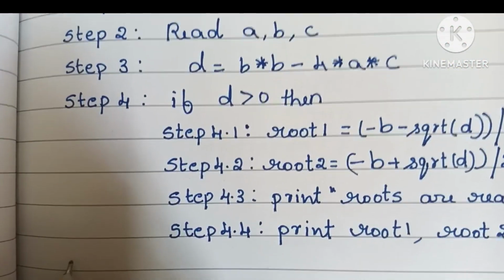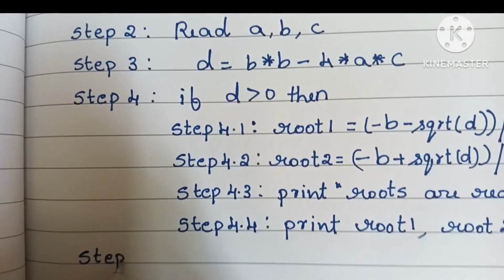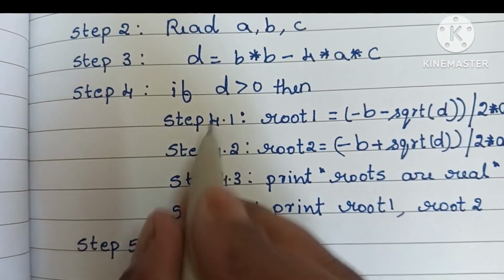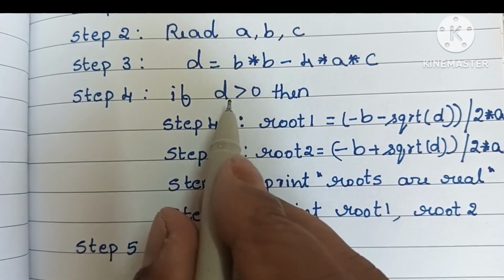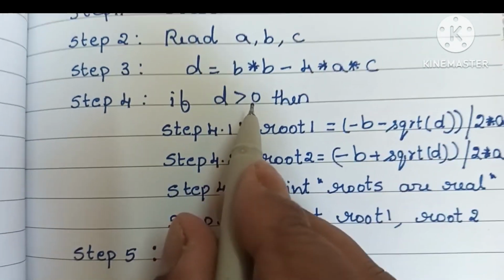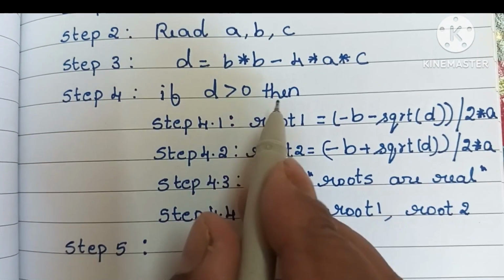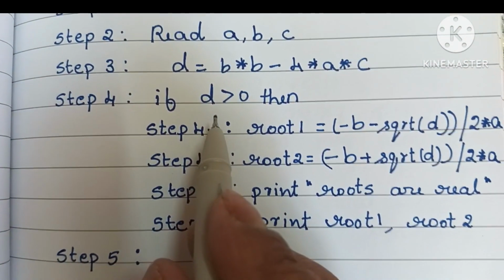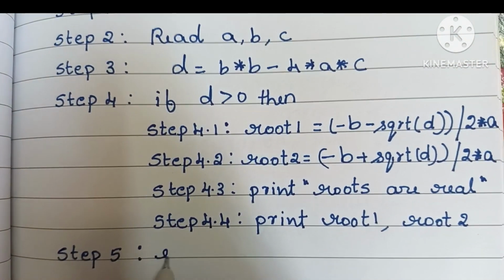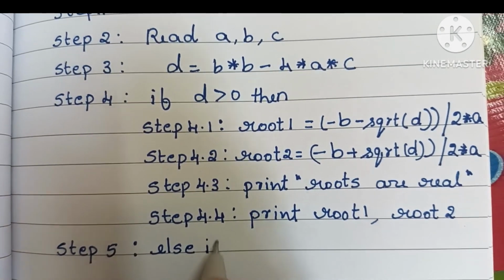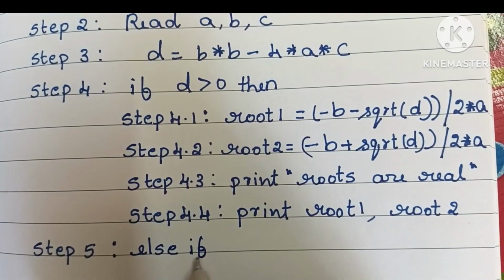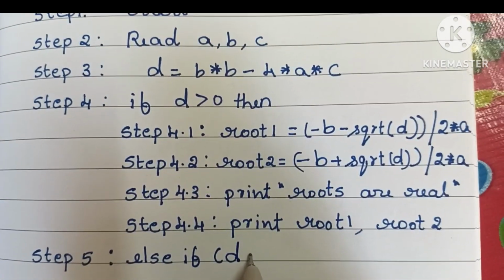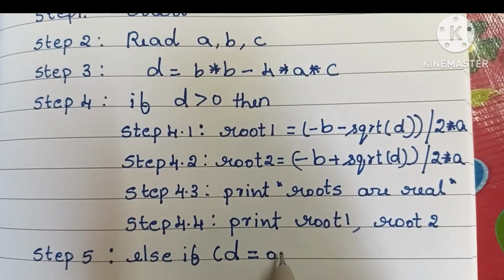Next, step number 5. If the condition d greater than 0 is true, it will execute that part. Otherwise, it is an else-if, and we have to check the other condition: else if the d value is equal to 0.